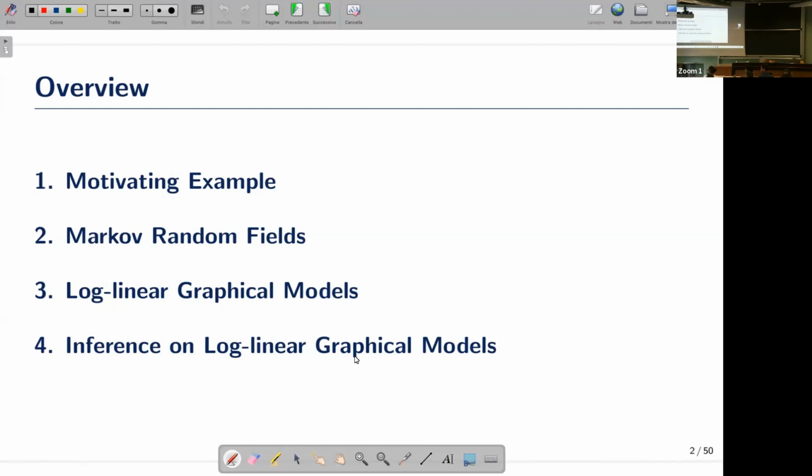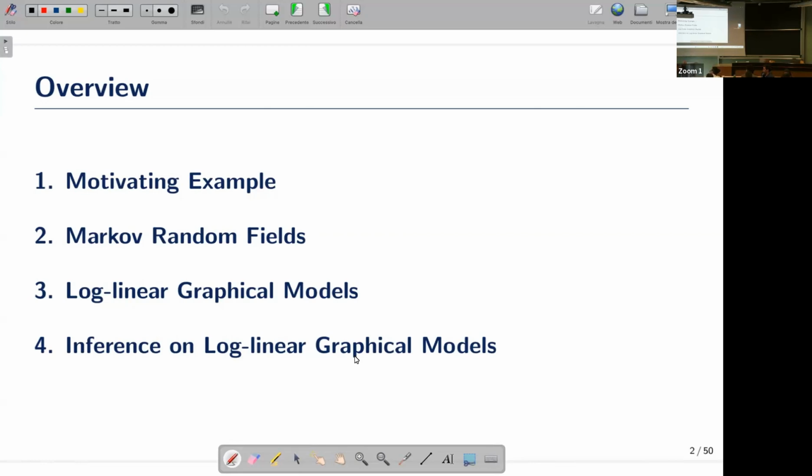The other motivation is that sometimes some conditional independence structure cannot be put in a DAG. You have some particular structure which is not possible to put in a DAG.